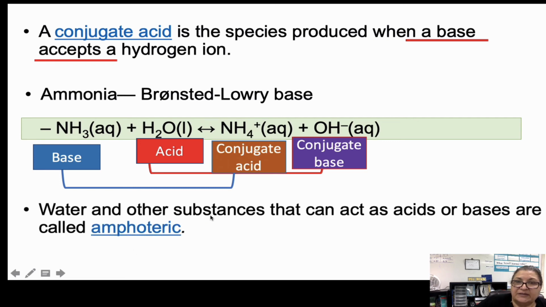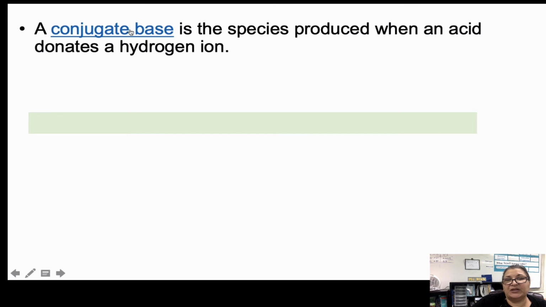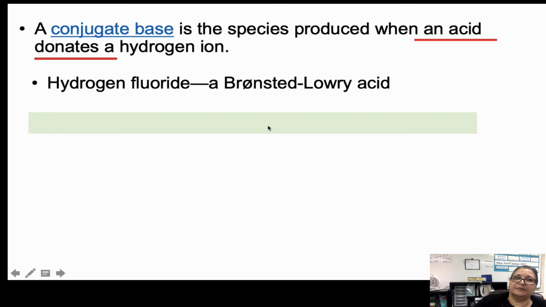Now water is a perfect amphoteric. Amphoteric describes water and other substances that can act as both acids and bases. Okay, whatever acts as acid or base, it's called amphoteric. It's just another term. Now conjugate base: the species produced when an acid donates a hydrogen ion to a base.